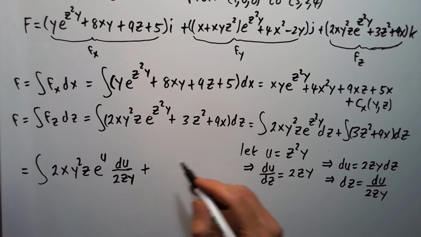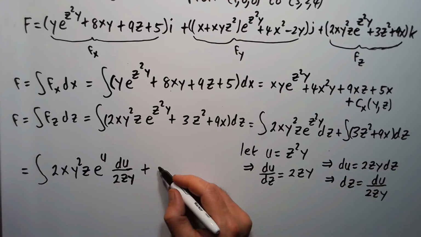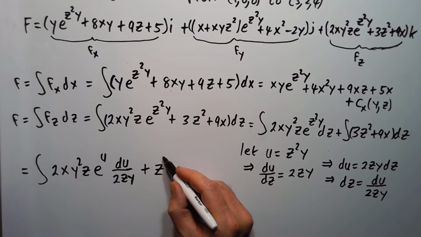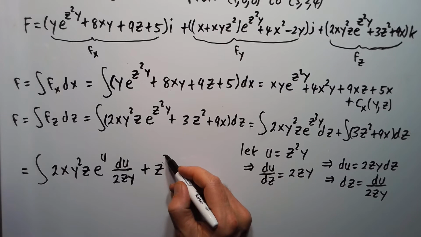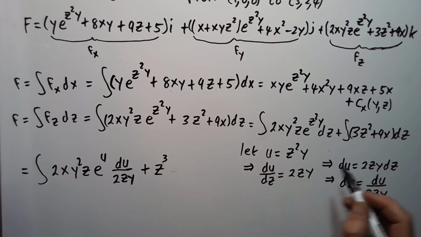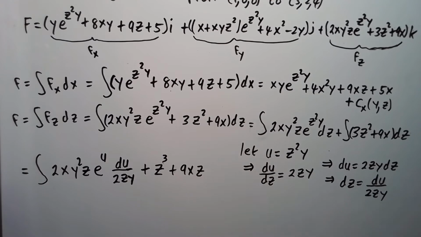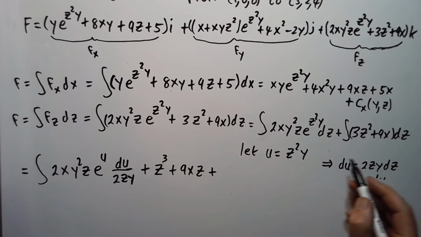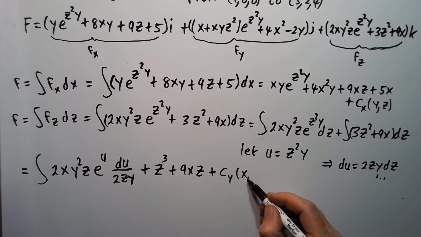Integrating 3z squared with respect to z will be z cubed. And integrating 9x will be 9xz. It's going to be then plus a constant here. The constant now will be a function of x and y.